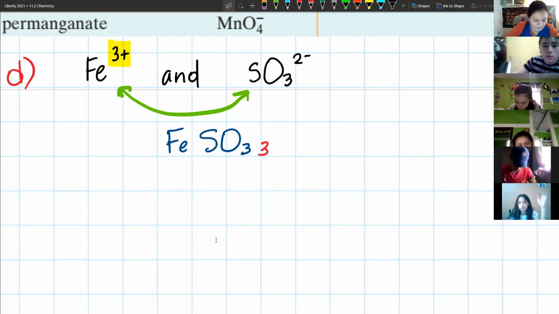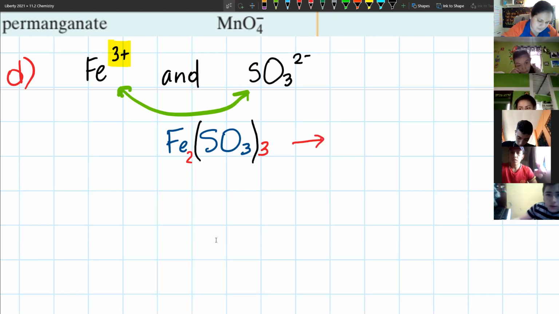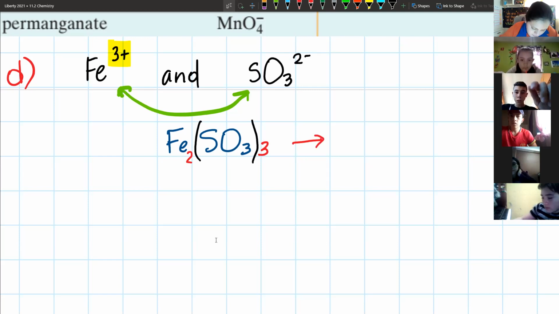Because now they are together, place the parentheses. What do I do with these two? You put it next to iron. And how can we name this? Iron 3.